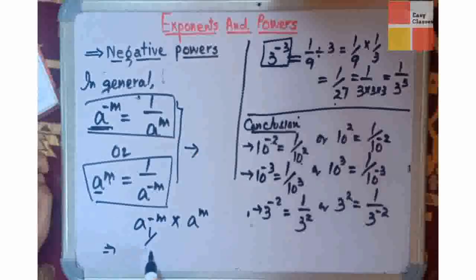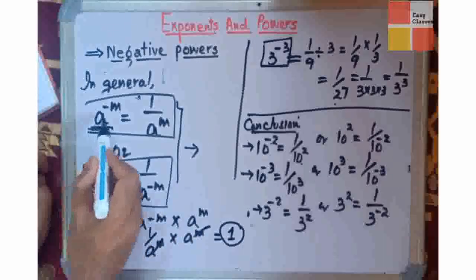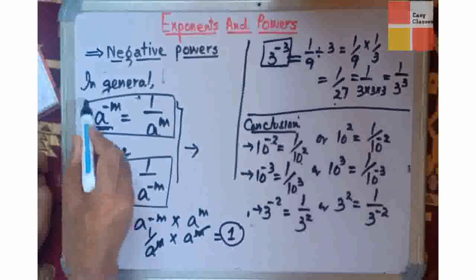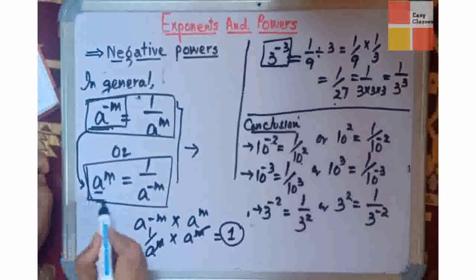We know that a raised to power minus m is equal to 1 divided by a raised to power m, multiplied by a raised to power m. This and this will cancel out and we will get 1. So we can say that a raised to power minus m is the multiplicative inverse of a raised to power m.